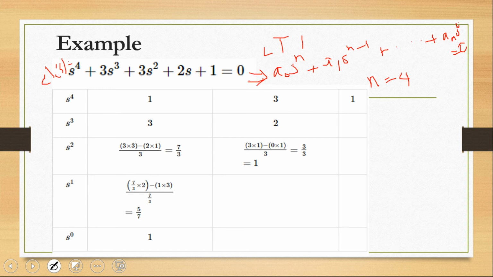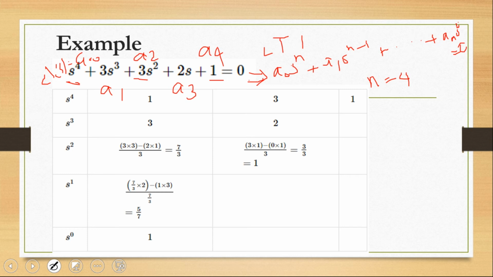To construct the roots array, we will consider the even terms of the characteristic equation, that is a0, a2, a4. This is a1 and this one is a3.